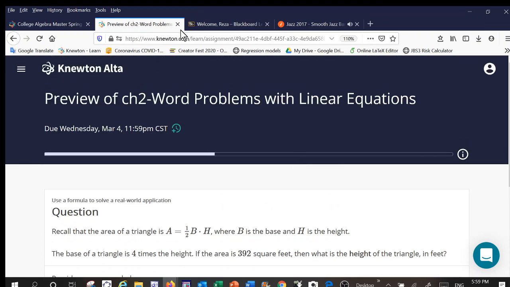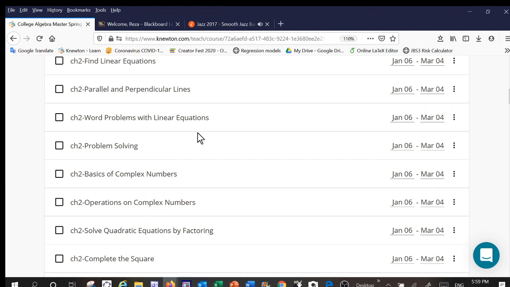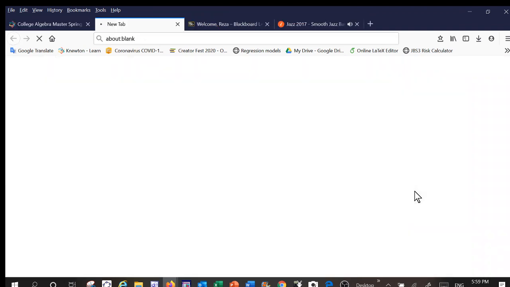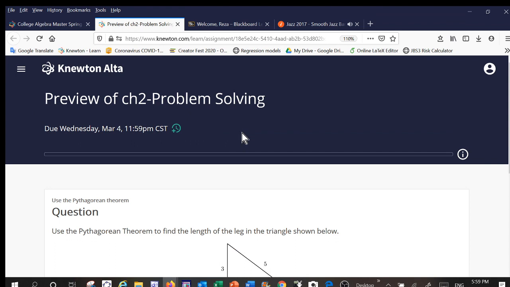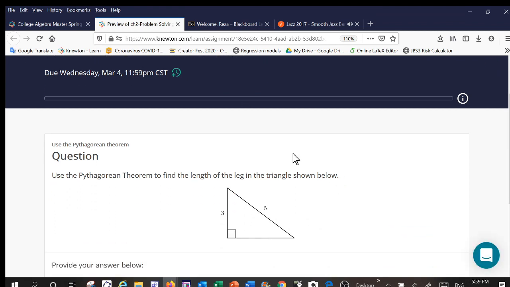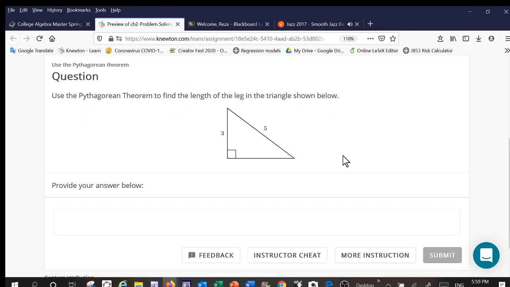All right, so let's move on. We do another section. So problem solving. Let's do some of these problems. Use the Pythagorean theorem to find the length of the leg in the triangle shown below.